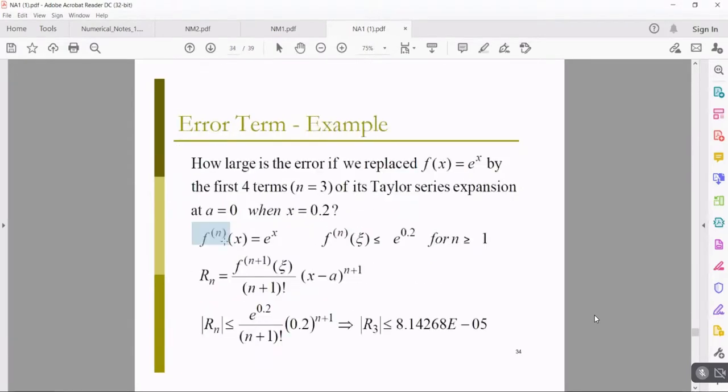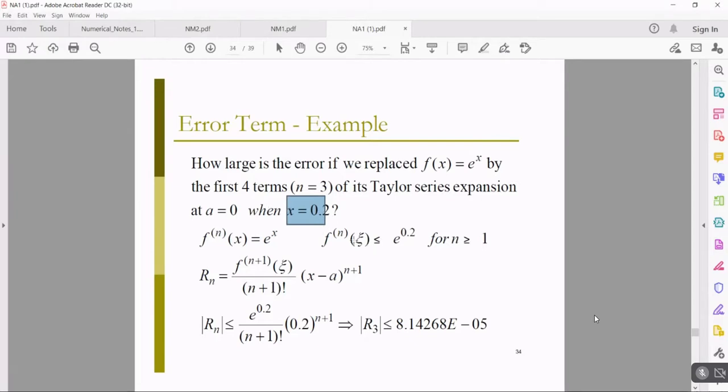We know that f^n(x) is equivalent to this one. Here a is 0 and x is 0.2, and xi lies between a and x. So if f^n(x) equals e raised to power x, and xi is between a and x, it means f^n(xi) cannot exceed e raised to power 0.2, because the maximum value xi can take is 0.2.